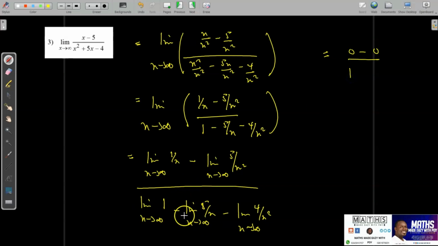What do we have here? 0. And then minus, what do we have here? 0. So you end up getting 0 over 1 and the final answer is 0, unlike when it was infinity over infinity, which is undetermined. But when we use the 1 over x concept, we ended up getting the answer as 0.